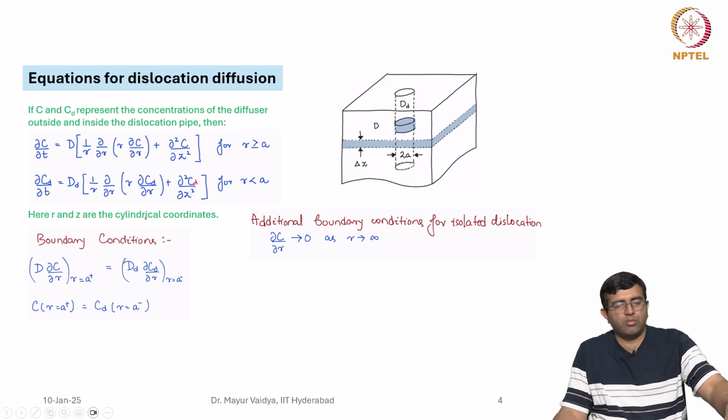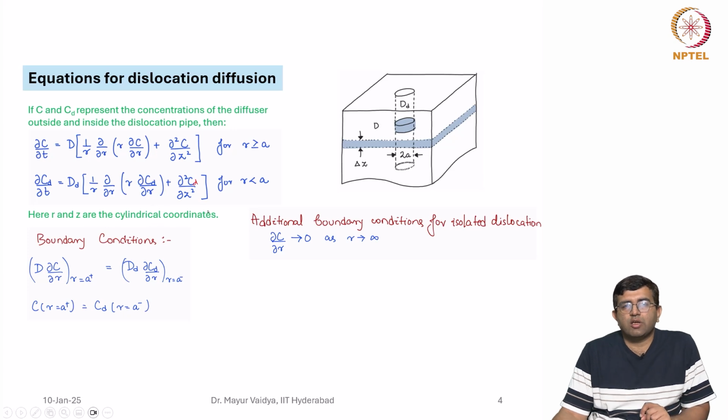Remember we talked about this, that in cylindrical coordinates r and theta are used instead of x and y, but the z remains the same. Now, the boundary condition which is applicable here is D ∂C/∂r at r = a+ equal to Dd ∂Cd/∂r at r = a-. What are a+ and a-?